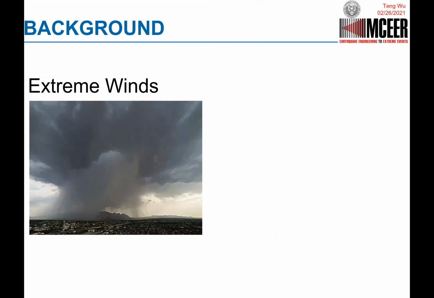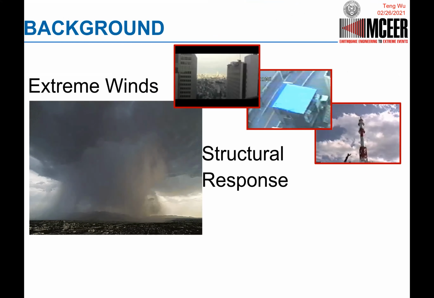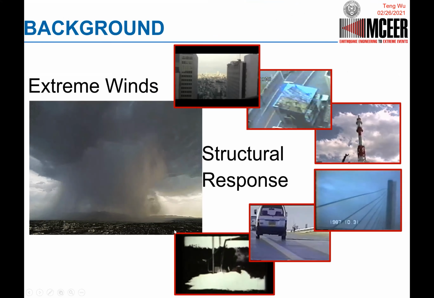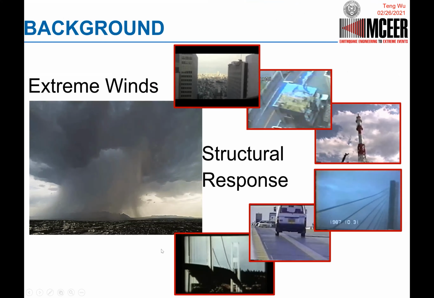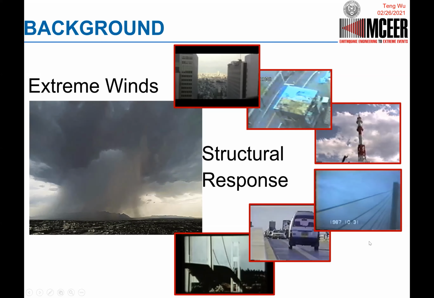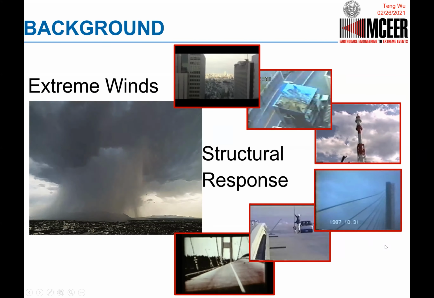So we have extreme winds, and under extreme winds, our structures will have an intensive response, including vertical structures like tall buildings, low-rise buildings, and chimneys, and also horizontal structures like bridges, and also inclined structures like stay cables. You can actually see the stay cables vibrate very intensively.